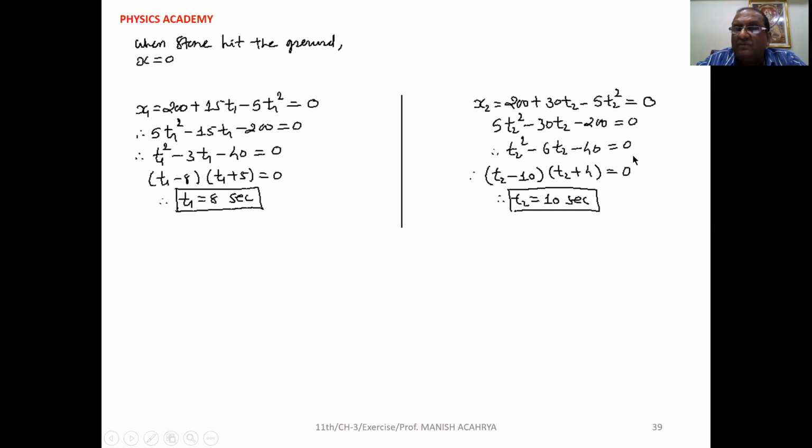Again take 5 common, so t2 square minus 6t2 minus 40 equal to 0. Solve this one and you get the time t2 as 10 seconds. So in the graph, we can observe that at 10 seconds, the position is 0. Clear to all of you?